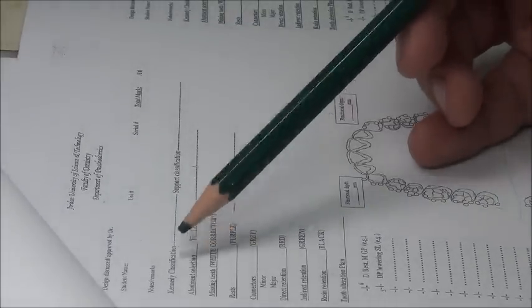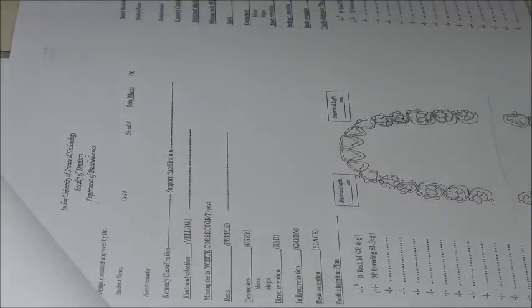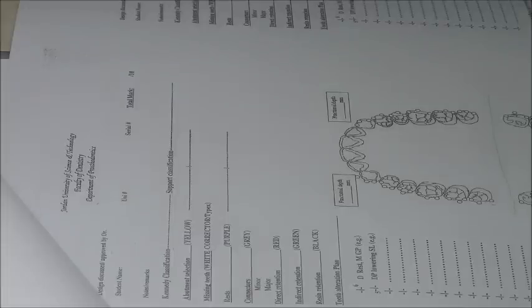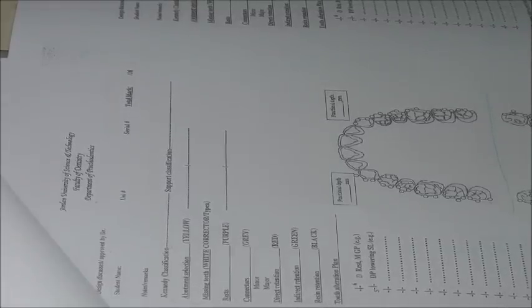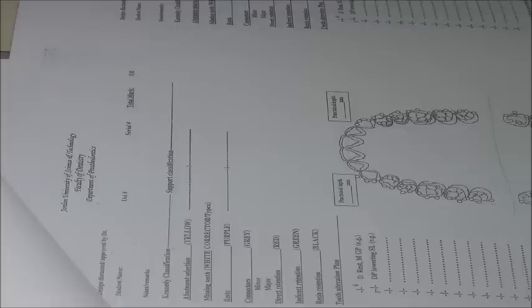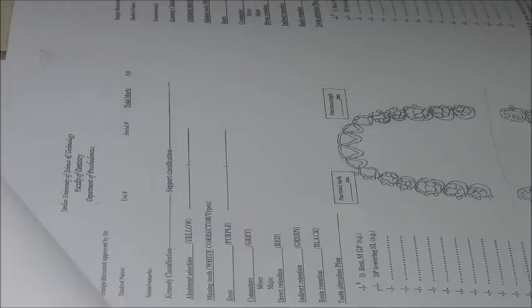Then we're talking about the Kennedy classification. Why do we need to fill in the Kennedy classification? Once you fill it in, you immediately understand the design, you immediately envision a design in your mind, okay? And it's very important because in this we also take into account teeth that we will extract later.